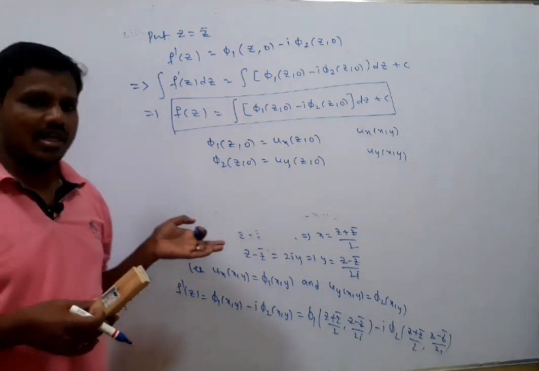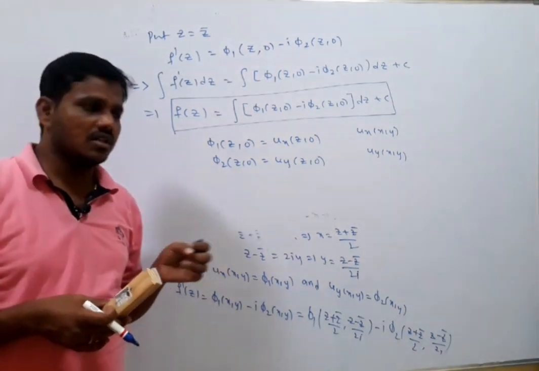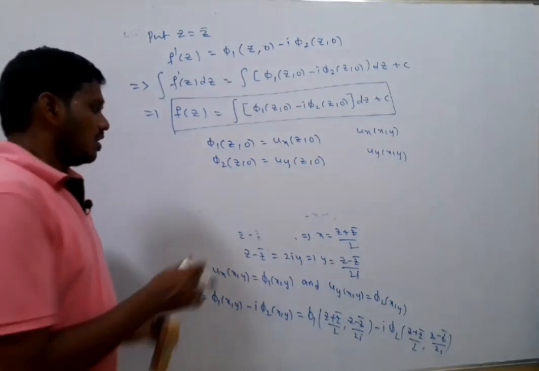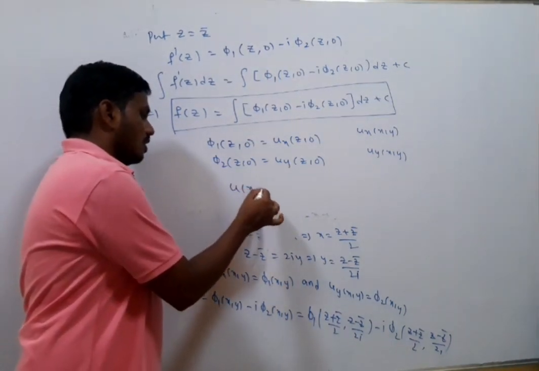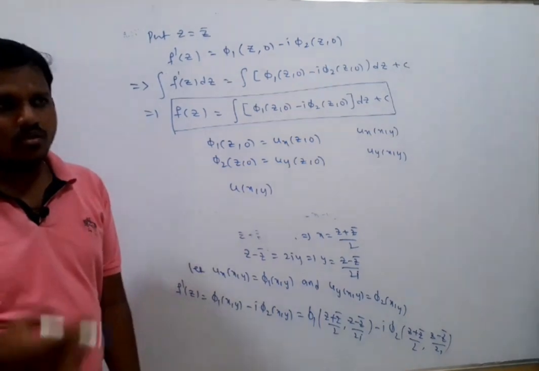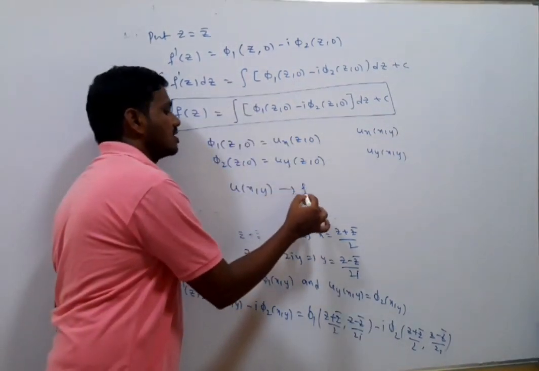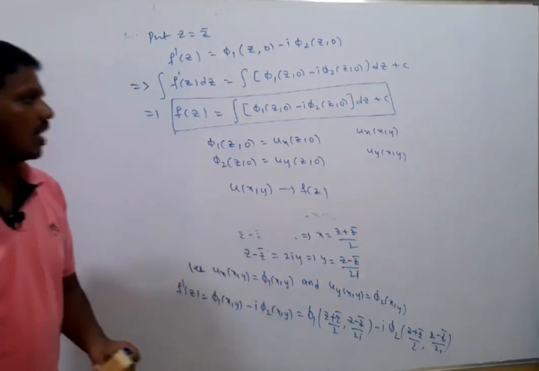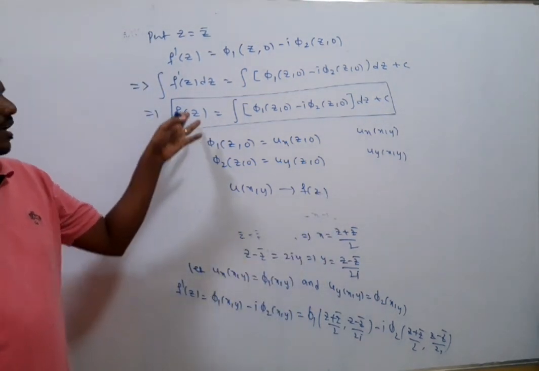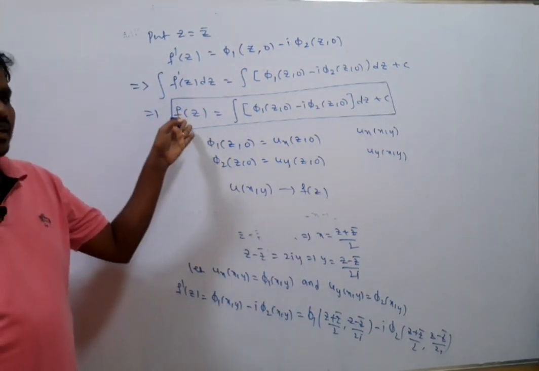When you apply the Milne-Thomson method, that is your question, right? Suppose u is given, and in the problem it is not mentioned to find the harmonic conjugate, only to find the corresponding analytic function f of z. Directly you go for applying the Milne-Thomson method. Write the formula, and you can write f of z.